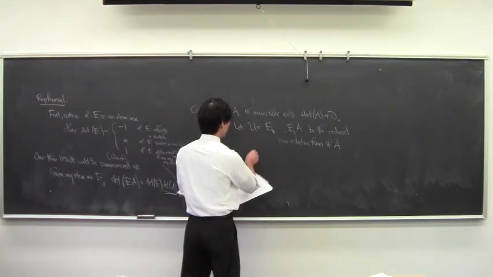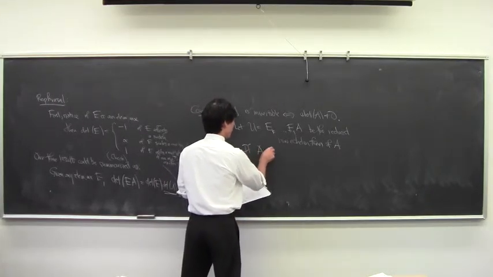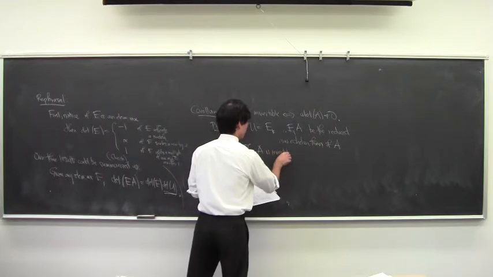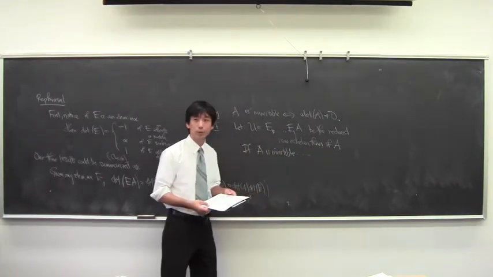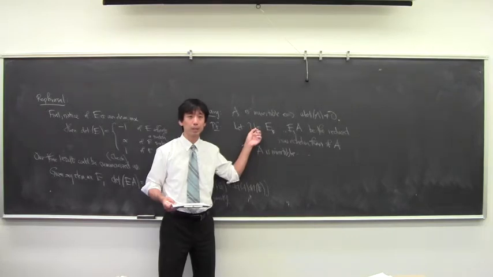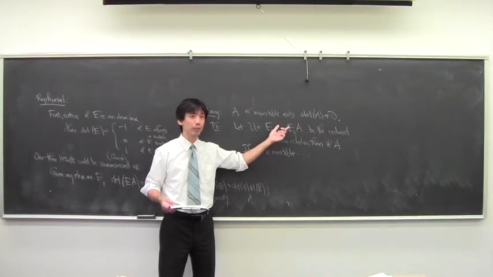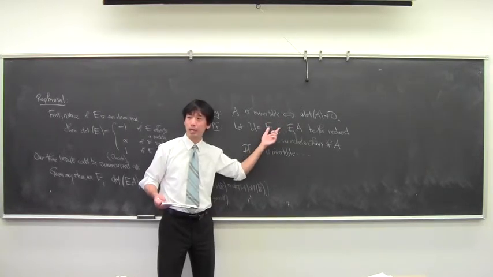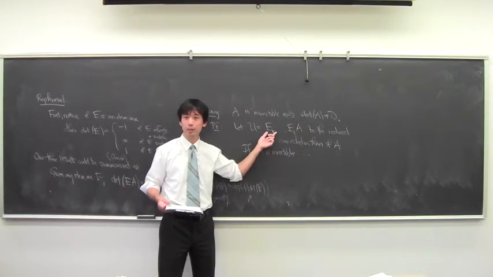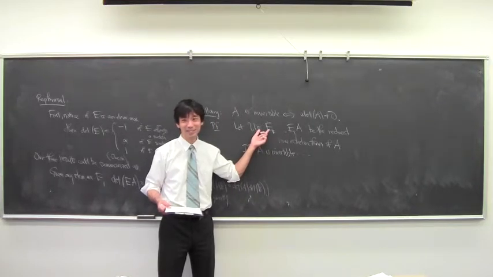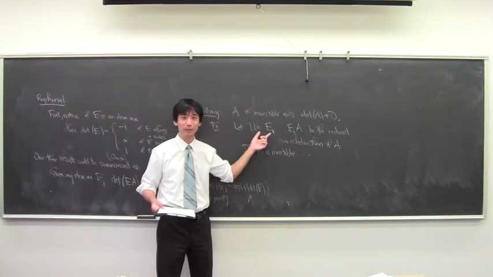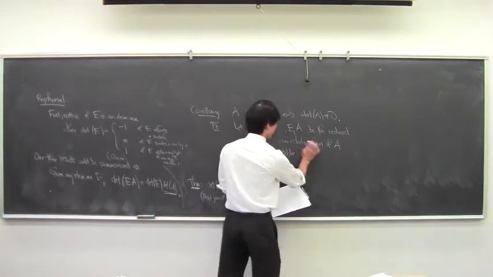So if A is invertible, then what's U? If A is an invertible matrix, you reduce it down to its reduced row echelon form, and you get what? You get I. Then U is I.